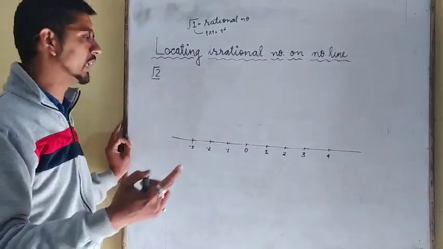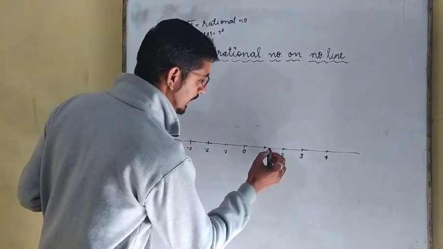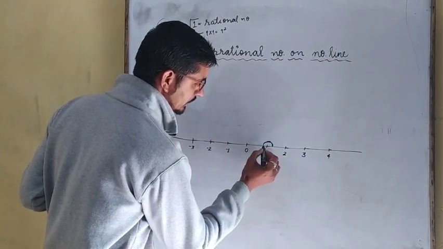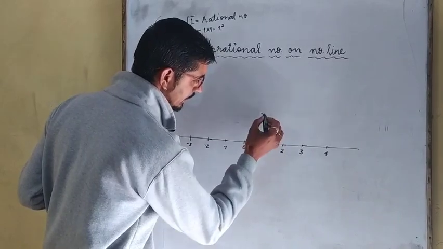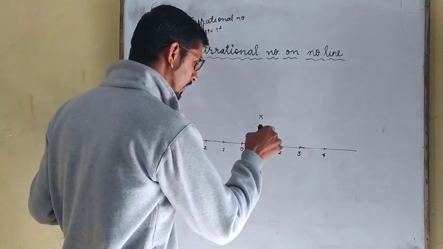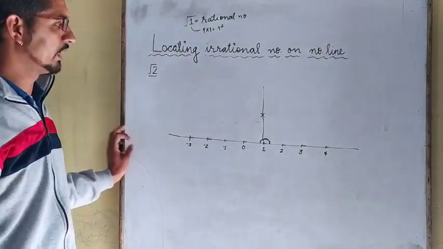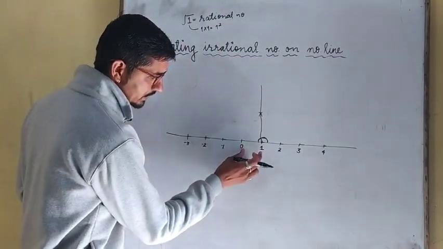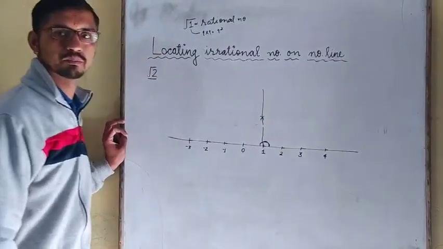You will make it with the help of a compass. Like this: you will place one point of the compass here and draw an arc. Place one point here and draw an arc. Okay, then you draw a perpendicular from here to here. Okay, now it is a perpendicular. Then, as much as the unit you took here, open the compass by that much, place it here and draw an arc here.